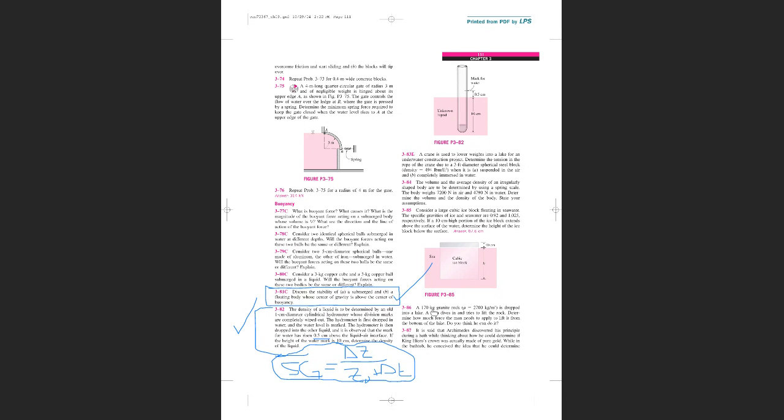82 and then what? 84 and 85. So this is the hydrometer, ya shabab. The same hydrometer problem exists in the slides. Okay? 84: the volume and the average density of a regular shaped body are to be determined using a spring scale.